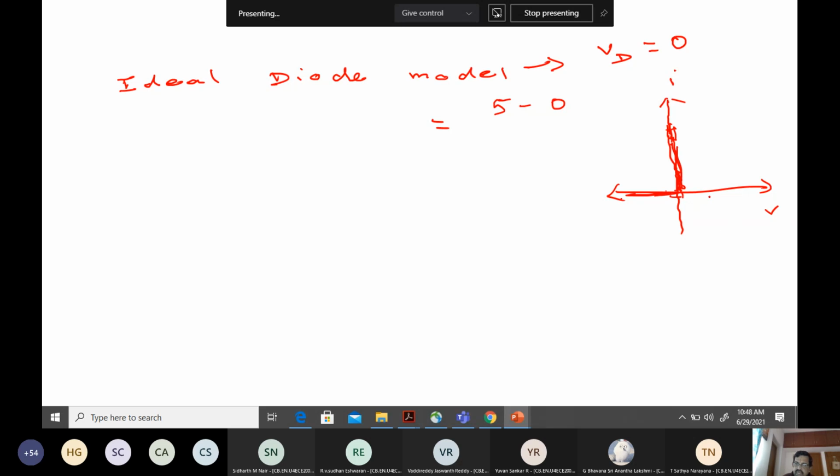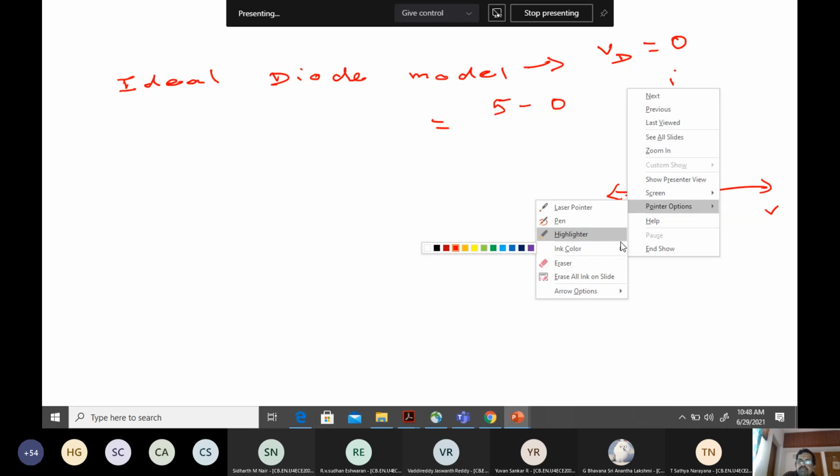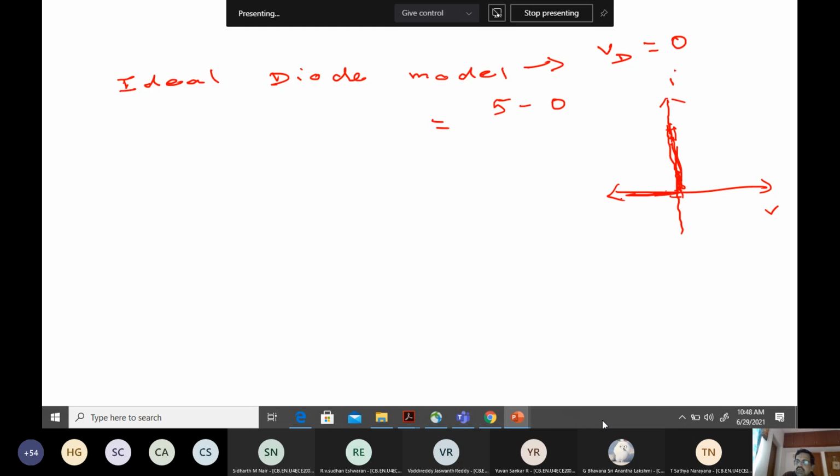Whereas in the constant voltage drop model, it will be a different color, and I will plot it on the same axes. In the constant voltage drop model, the current goes up at 0.7 volt, while this is at 0.